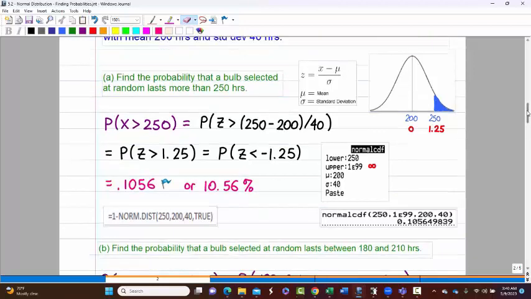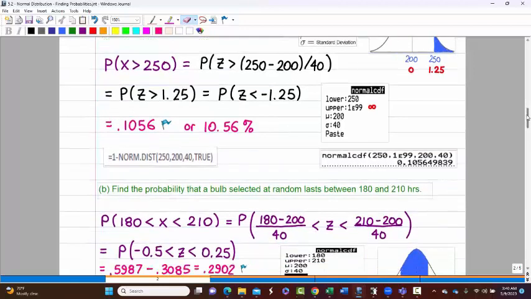Let's focus on our calculator and Excel way here. The normal CDF greater than, see, with the normal CDF on the calculator, you don't have to convert it to this Z. That's the beauty of it. I mean, you can convert it to the Z and then do it, but you don't need to.